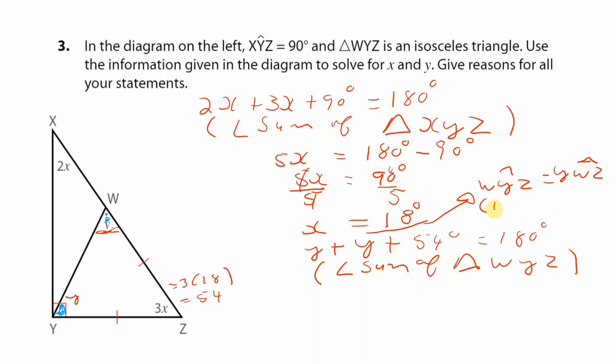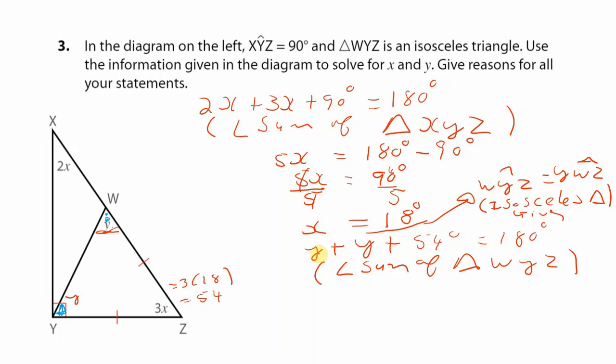The reason is that they are isosceles triangles. Or you could have said given, because they gave you the information.